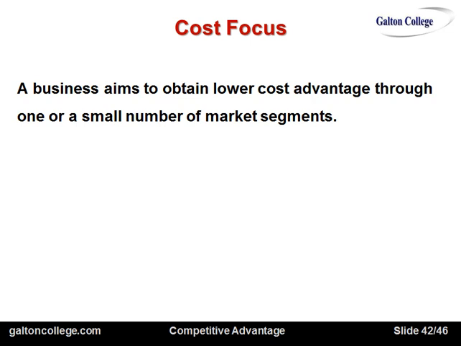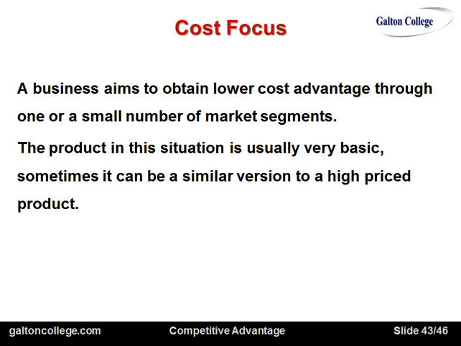So the business may look at the entire market and then break it up into segments and try to differentiate its product into each segment and design products suitable for the different segments.